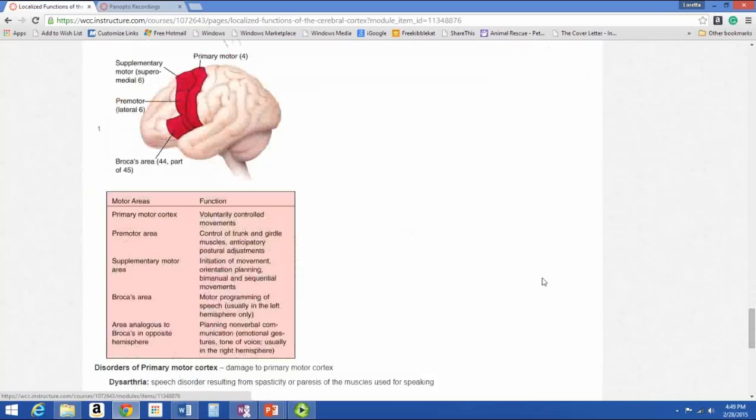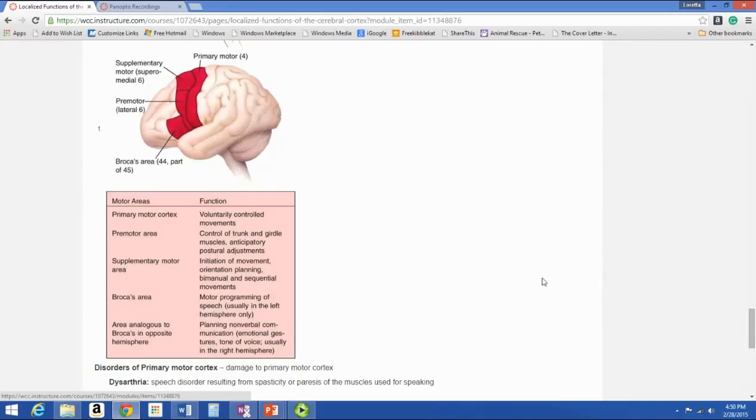So basically, the motor areas, the primary motor cortex takes care of voluntarily controlled movements. The premotor area is control of trunk and girdle movements and anticipatory postural adjustments. The supplementary motor area is in control of initiation of movement, orientation planning, bimanual and sequential movements.